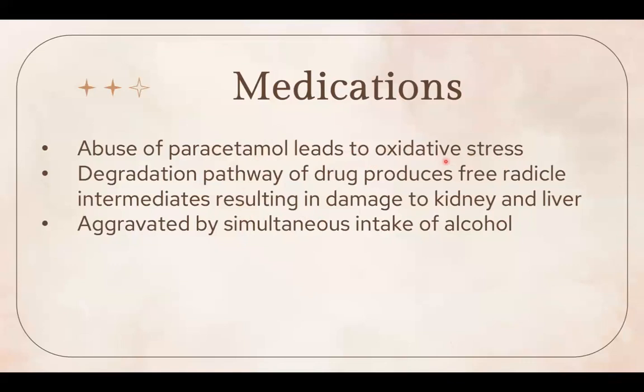And remember, we said whenever there's oxidative stress, that means there is production of free radicals. When we ingest a heavy amount of paracetamol, the degradation pathway leads to free radical intermediates, which can then damage the kidney and liver.